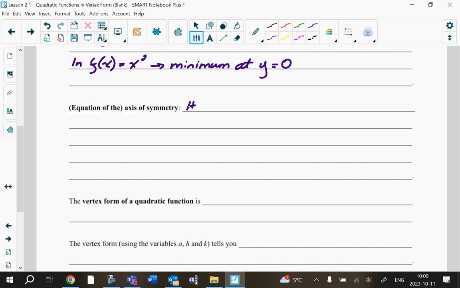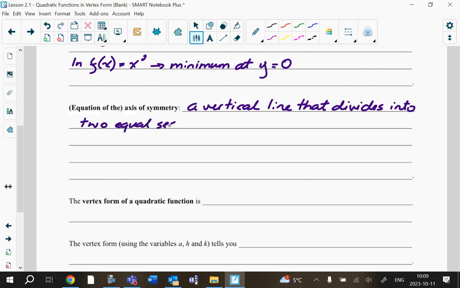A vertical line that divides the parabola into two equal sections that are mirror images of each other.